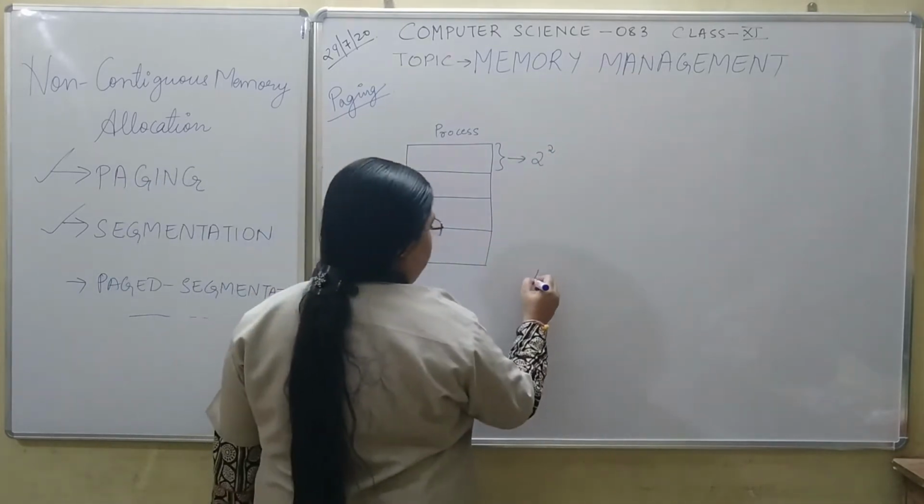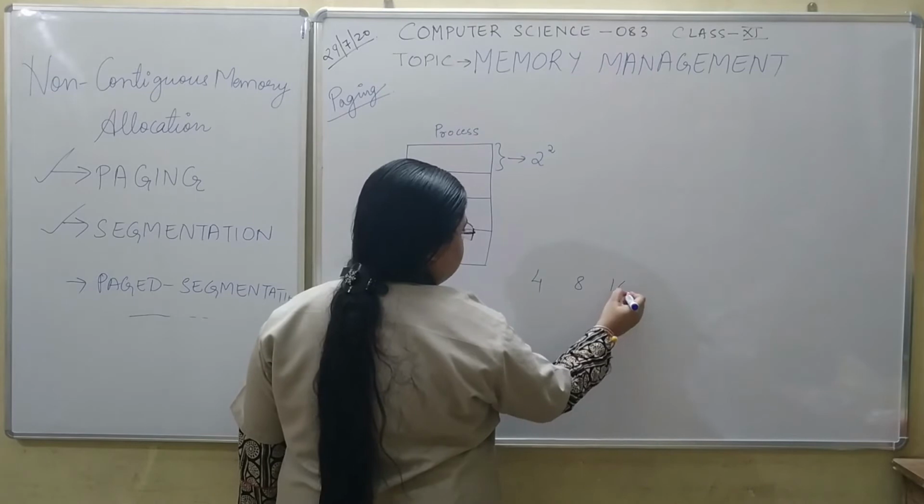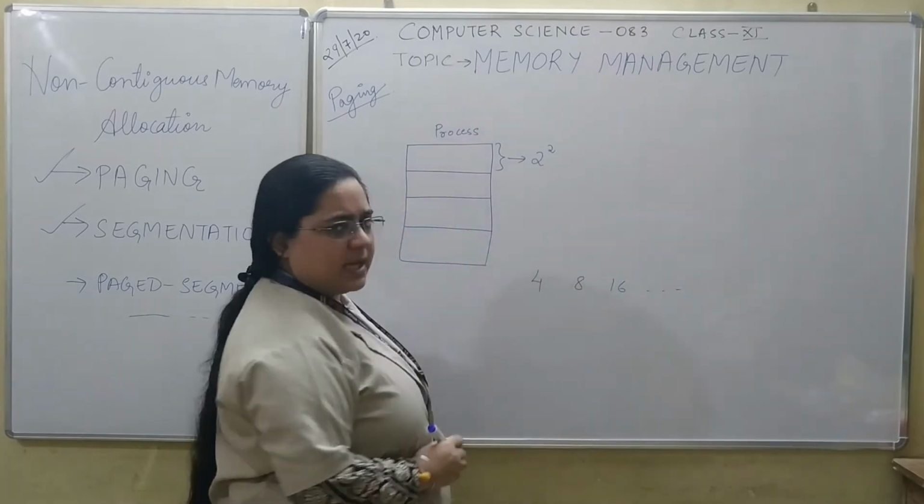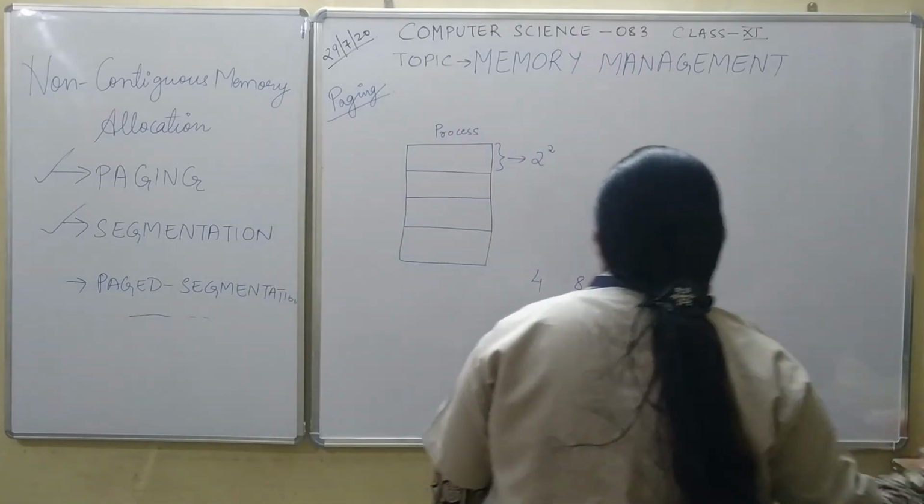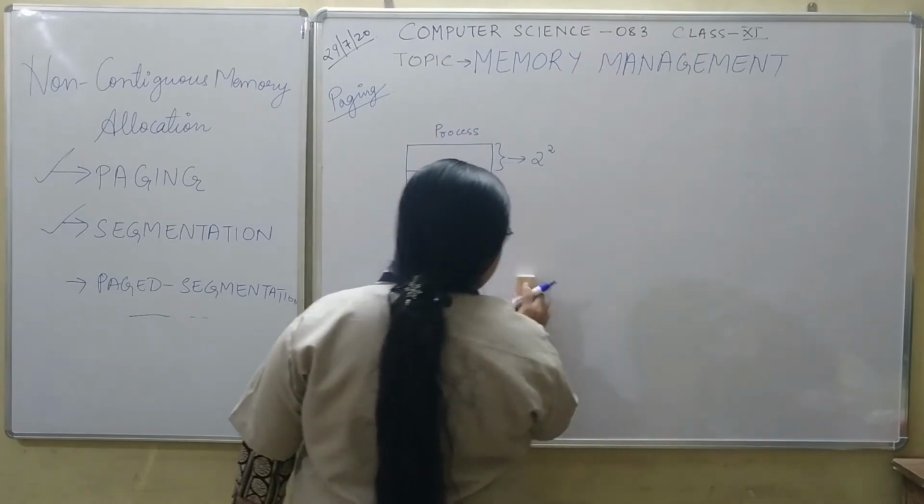Say 4 bytes, 8 bytes, 16 bytes, 32 bytes, and so on. It is taken as a power of 2.